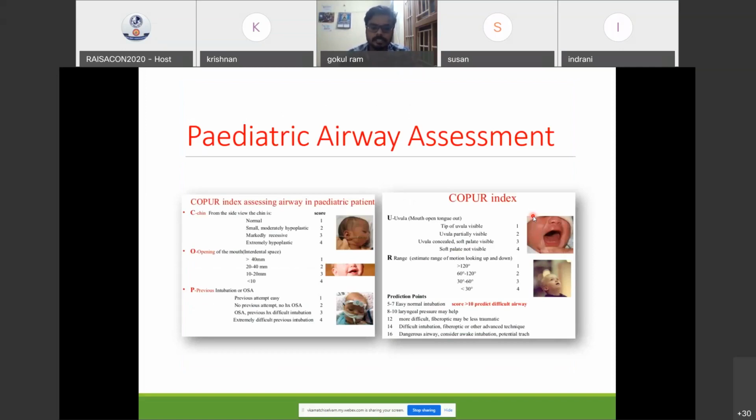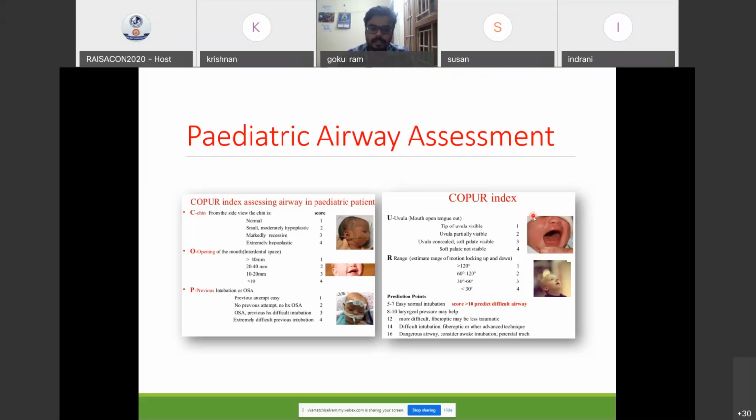Based on that, we can score from 1 to 4, sir. Then O for opening of the mouth, we have to see the interdental distance, sir. If it is more than 4 centimeters, it is normal, and the grading progressively increases, sir. And we have to ask for the history of any documented previous difficult intubations or any history of obstructive sleep apnea, sir.